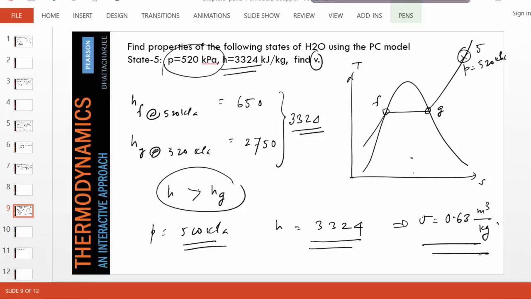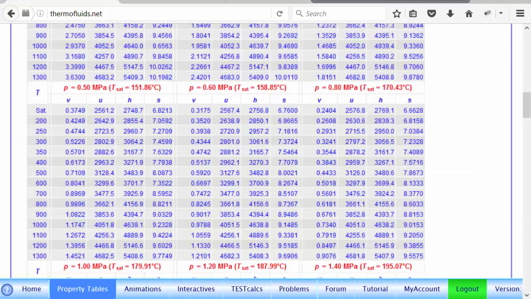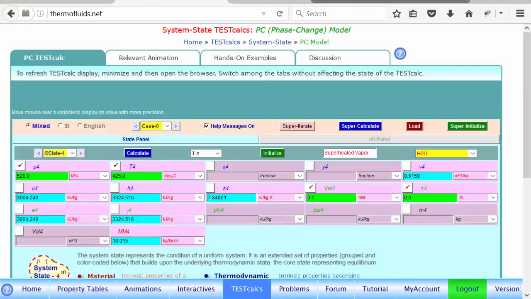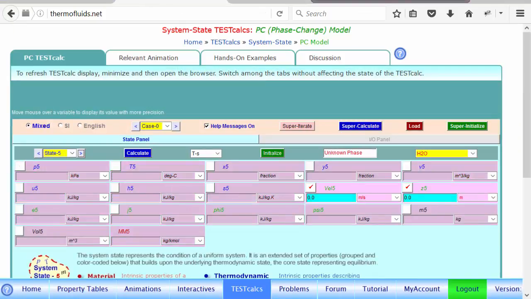Let's go and verify to make sure we didn't make a big mistake. We go to test calc, state 5, pressure is given as 520 kPa, and enthalpy was what? 3320 or something?